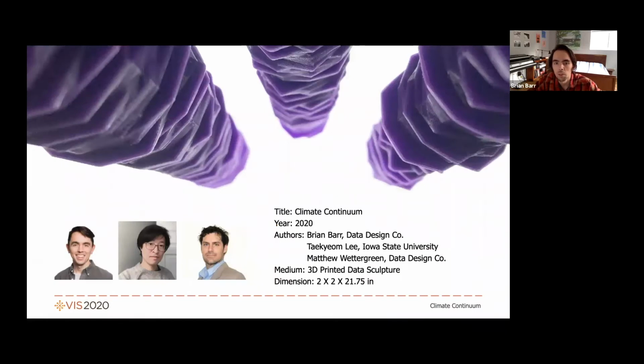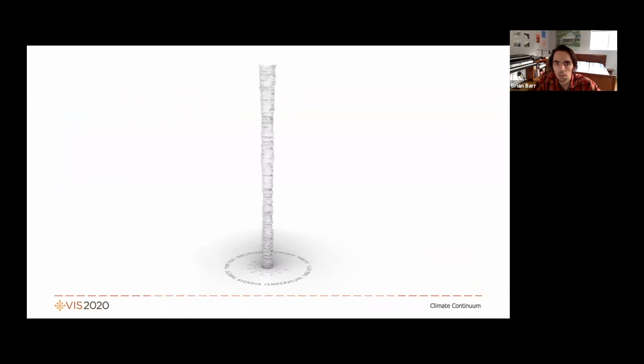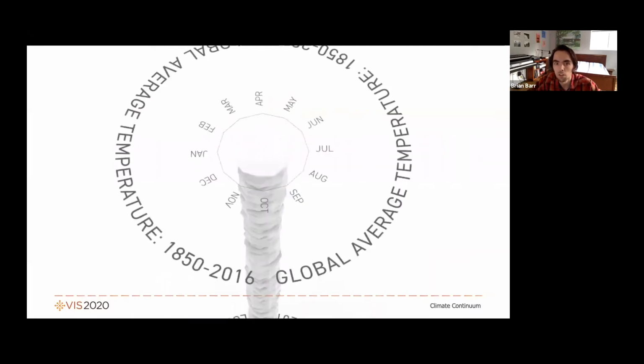Climate Continuum is a look at the past 150 years in global average temperature. Viewed from bottom to top, the piece shows trends in global average temperature. So the distance from the center is the global average temperature change from 1850.